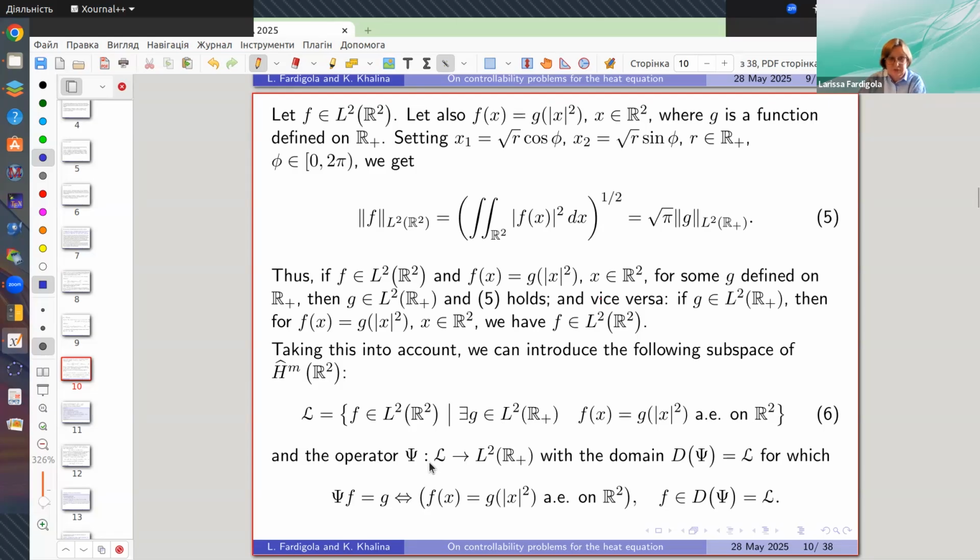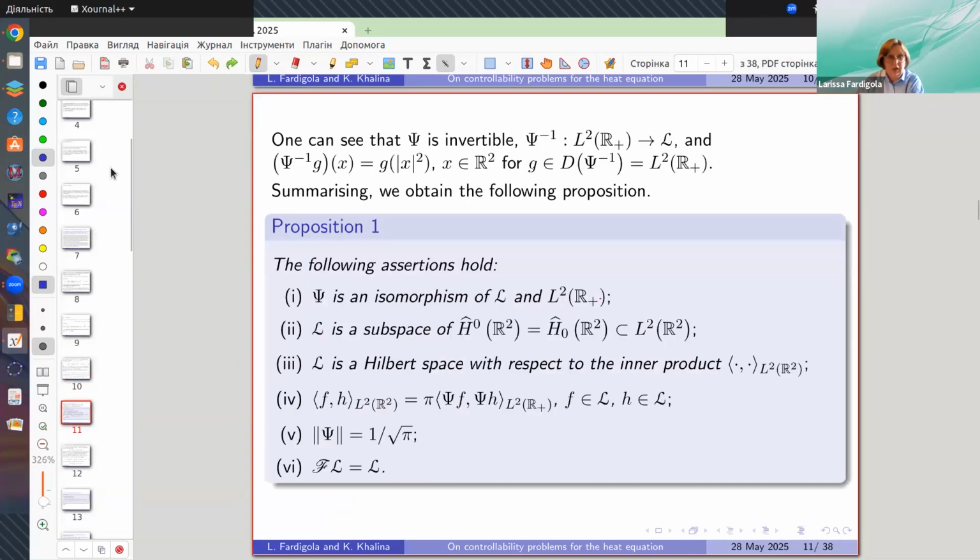So this operator acting on f gives us G according to this rule.